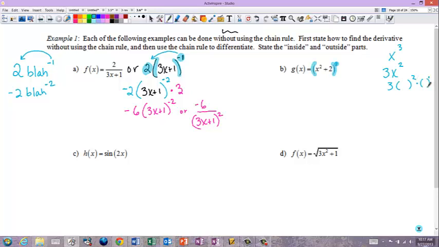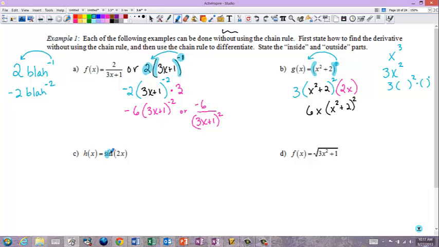So I'm going to take my 3, multiply it to the front, 3, leave the inside alone, x squared plus 2, subtract 1 from my exponent, times the derivative of the inside. The derivative of the inside is 2x. So if I wanted to clean it up, I would get 6x times x squared plus 2 squared. That's the chain rule.